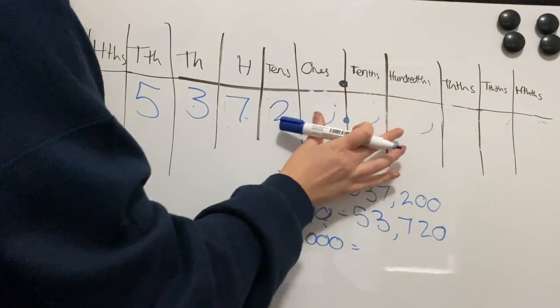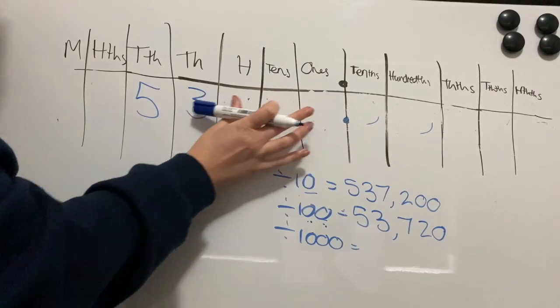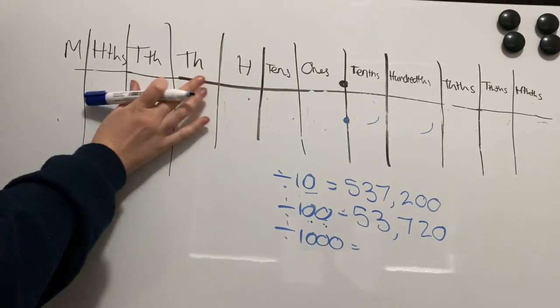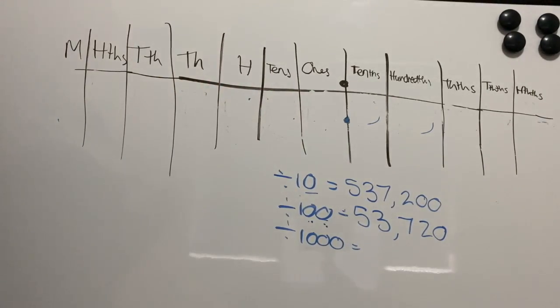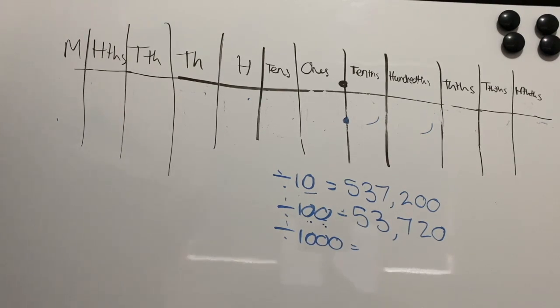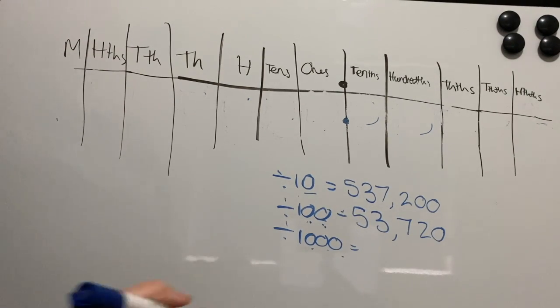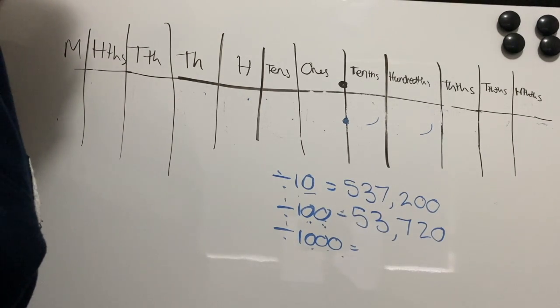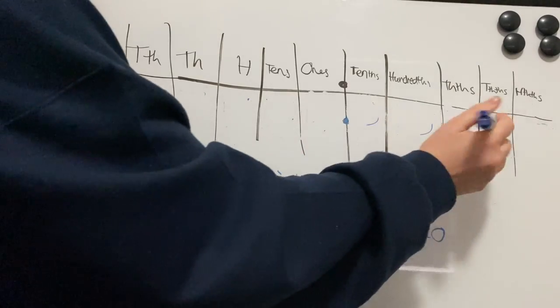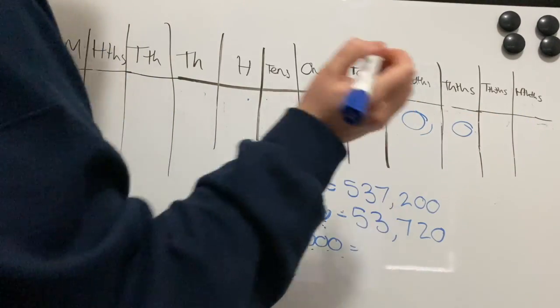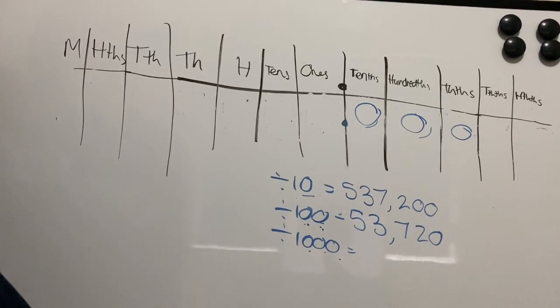Hopefully you can. The last example is with dividing by 1,000, so you guessed it, everything moves 3 place value columns to the right. The zeros, 1, 2, 3, here, 3 zeros. Ooh, it's gonna fall down.